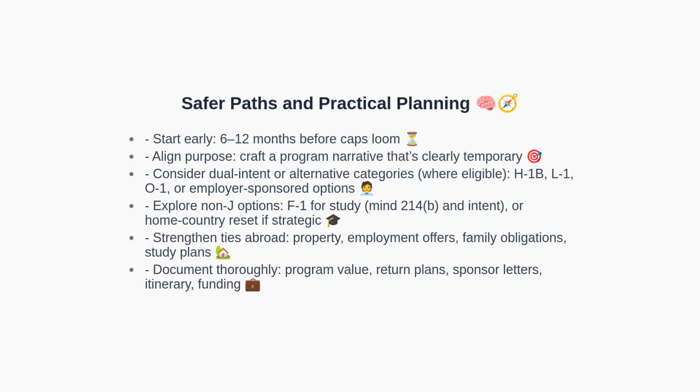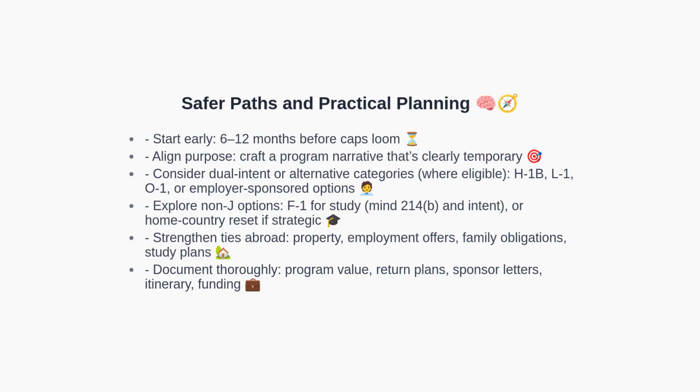Alternatively, some applicants choose non-J options like F1 study, while recognizing that 214B still applies and intent must be addressed. Regardless of path, strengthen ties abroad through employment commitments, property, family, or academic obligations, and document everything: program purpose, expected outcomes, funding, and a concrete plan to return.